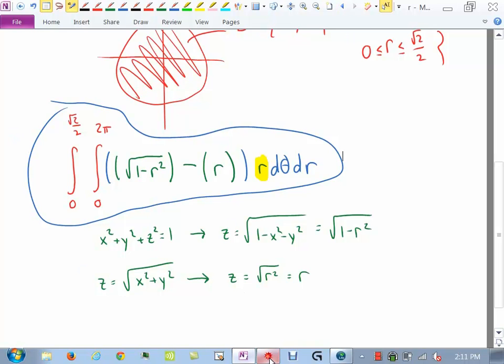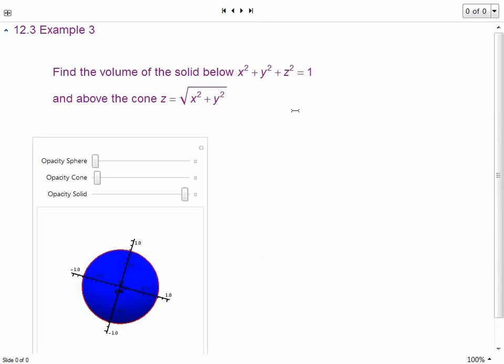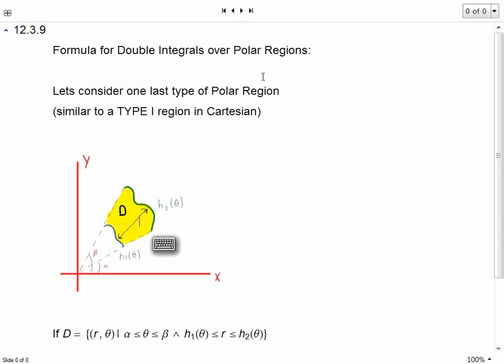All right, next topic. We're getting close to the end of this, aren't we? So far we've looked at a rectangular polar region.